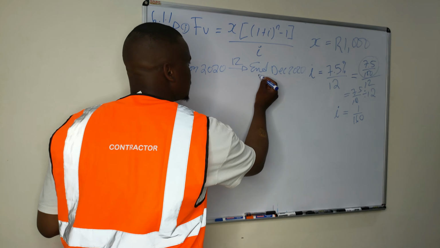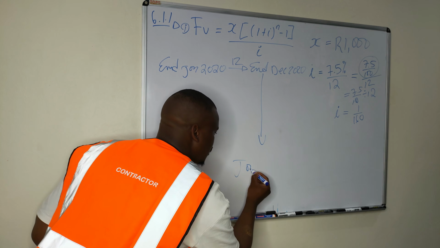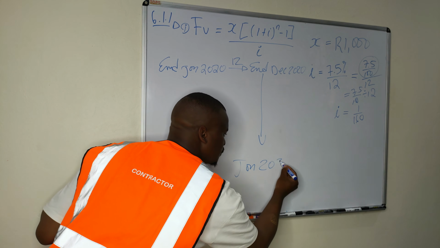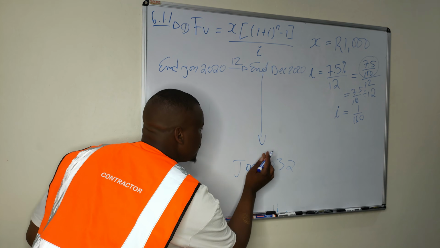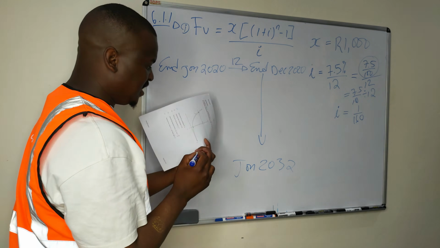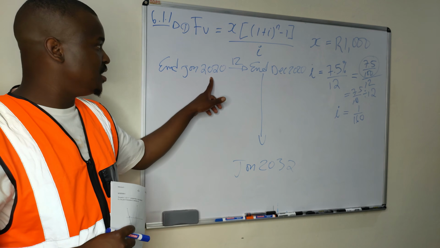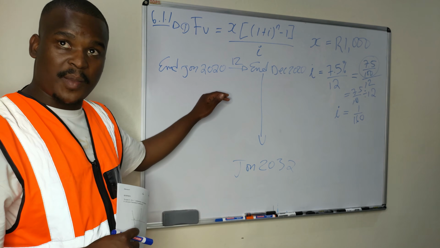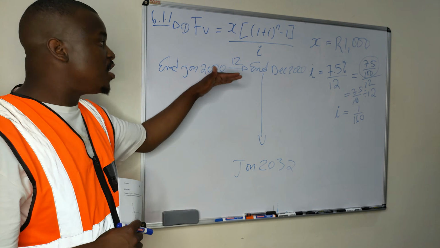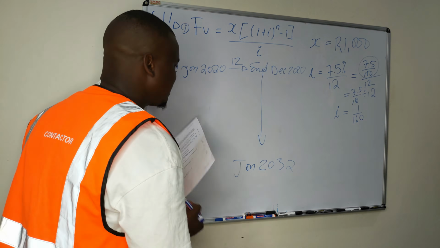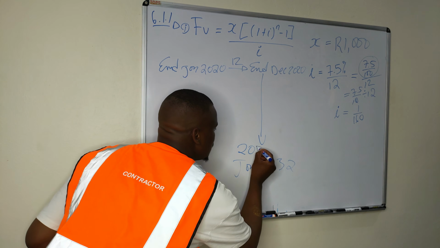So these payments were made up until January 2032, right? Which means the person, in year 2020, made 12 payments. 2021, 12 payments. 2022, 12 payments. 2023, 12 payments. 2024, 12 payments, all those years, including the year 2031.